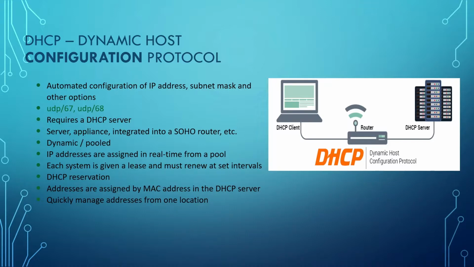So DHCP is very powerful in connecting people to the network and the internet. And it's pretty much the standard that everyone uses everywhere in the whole world. DHCP is pretty much the go-to for connecting to a network and the internet.